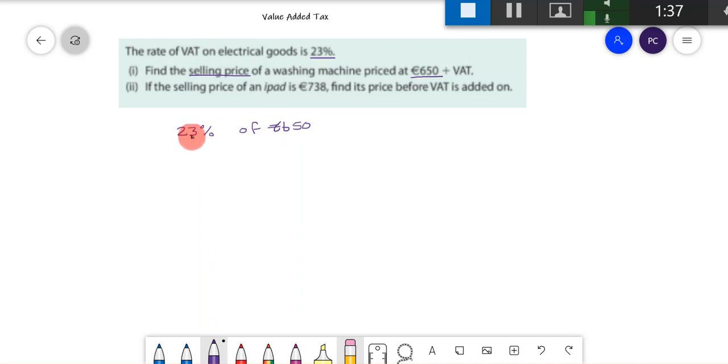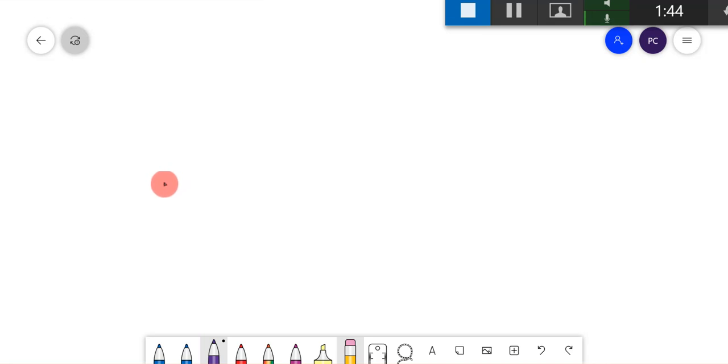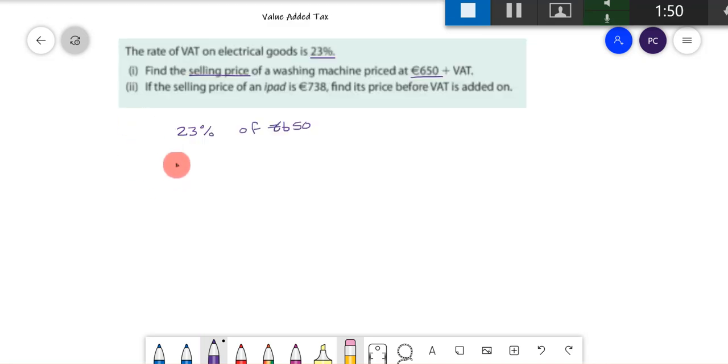The way we can do this is take this percentage and turn it into a decimal. So how do we do that? Percent means out of 100, so that's going to be 23 over 100. This is what it looks like as a fraction. To turn it into a decimal, we just take 23 and divide it by 100, which is equal to 0.23.